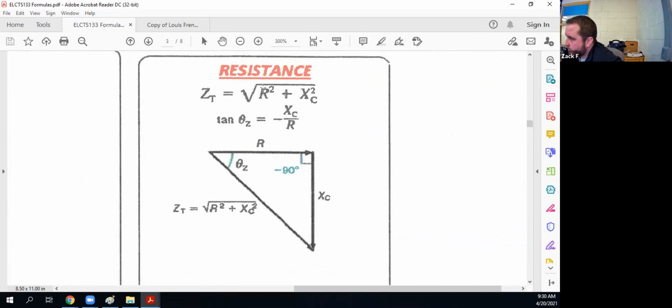That formula is the square root of R squared plus capacitive reactance squared. Where do you think they got that formula? It's the Pythagorean theorem. Remember the Pythagorean theorem? A squared plus B squared equals C squared from a triangle.